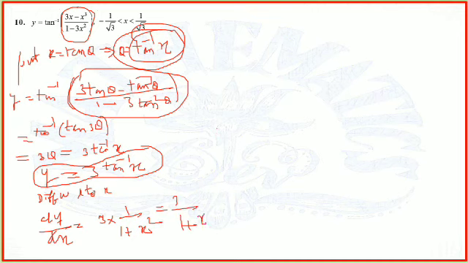So that's all about this question. This is the differentiation of y is equal to tan inverse of 3x minus x cube upon 1 minus 3x square. This is the question.